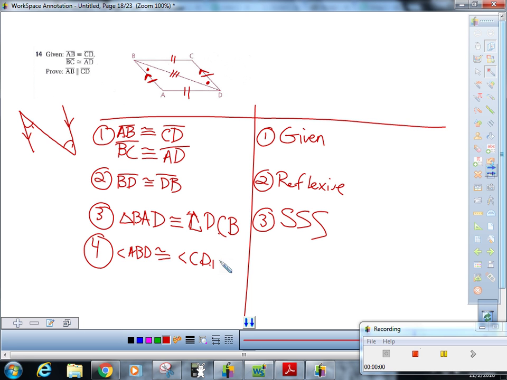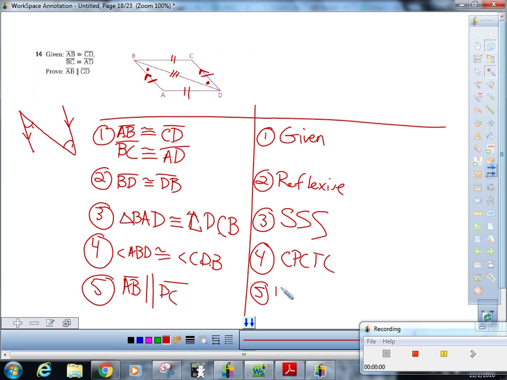Good job. And that is CPCTC. And so finally, I've got AB is parallel to DC. And my reasoning is if alternate interior angles are congruent, then the lines are parallel. Does that help? Okay.